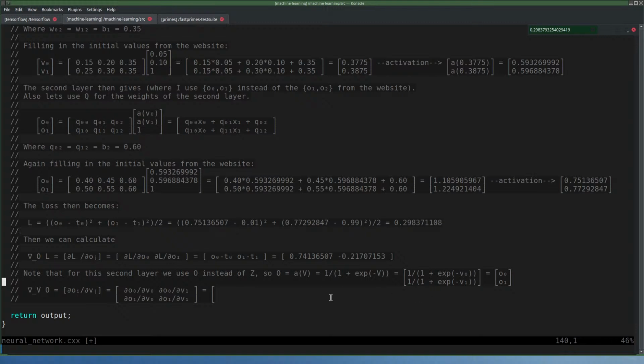So we simply have O0 equals that, and therefore this is then the derivative of A for the value V0.